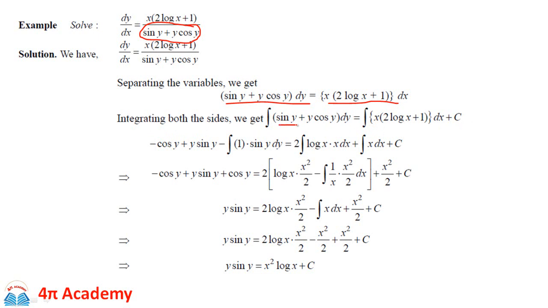First we'll integrate sin y with respect to y, so that will be minus cos y, plus integration of y cos y dy. Here we apply the rule LIATE in order to solve the integration by parts, where L is for logarithmic, I for inverse, A for algebraic, T for trigonometric, and E for exponential.